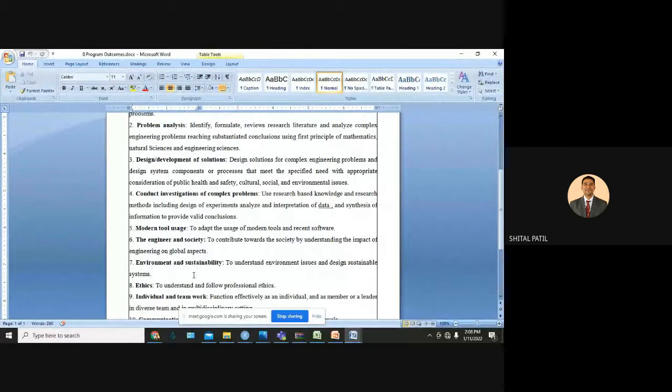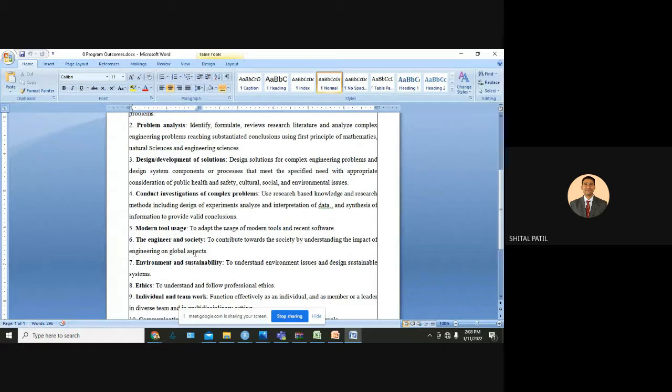Therefore, we have decided that these attributes should be there in the graduate. Now, graduate does not mean only engineering graduate. It is true for those who are doing BSc, BCom, BA. The stream doesn't matter. These attributes should be there with a student who is doing graduation from any country, for us particularly from India.